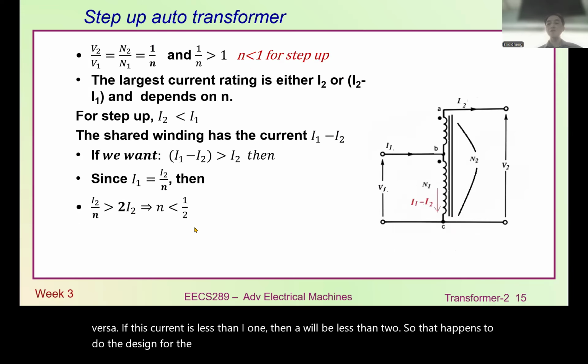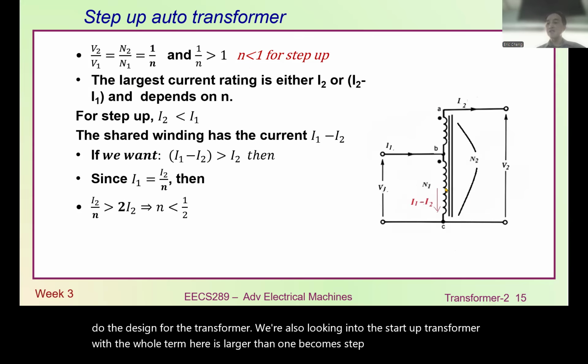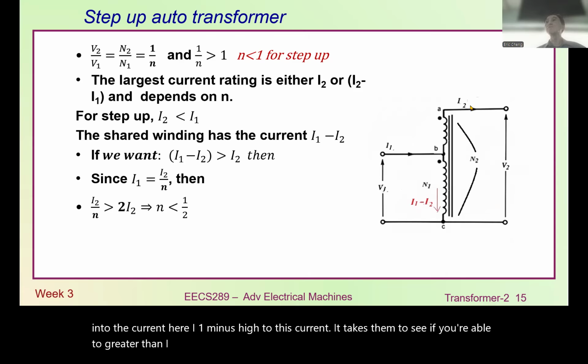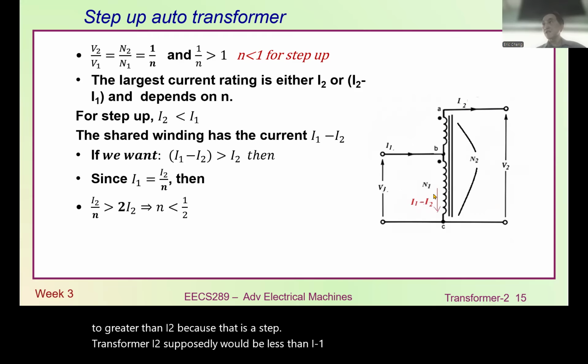We're also looking into the step-up transformer, where the turn ratio here is larger than 1, so it becomes step up. And then we look into the current here, I1 minus I2, and we test to see if it is greater than I2. Because it is a step-up transformer, I2 supposedly will be less than I1, but the difference here can be more or less.